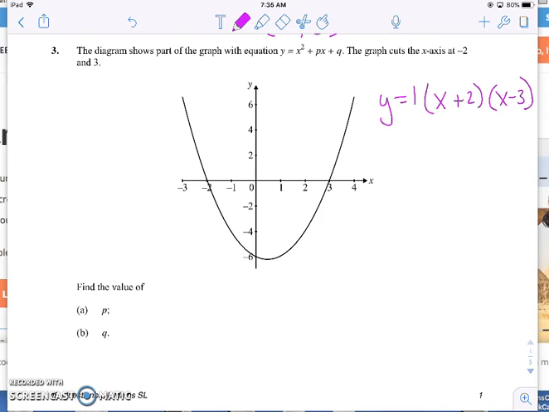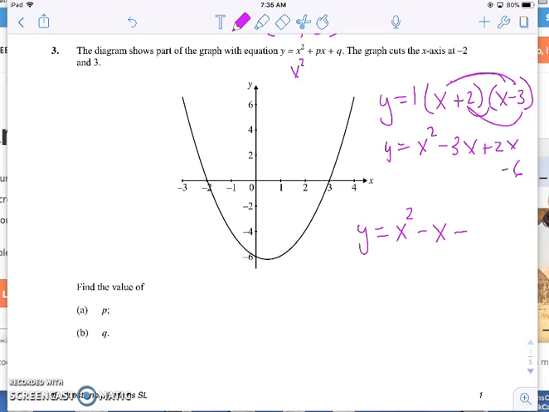If we multiply this out, we have x squared minus 3x plus 2x minus 6. So y equals x squared minus x minus 6. If we line that up here, x squared minus x minus 6, our p value would be negative 1. Our q value would be negative 6.